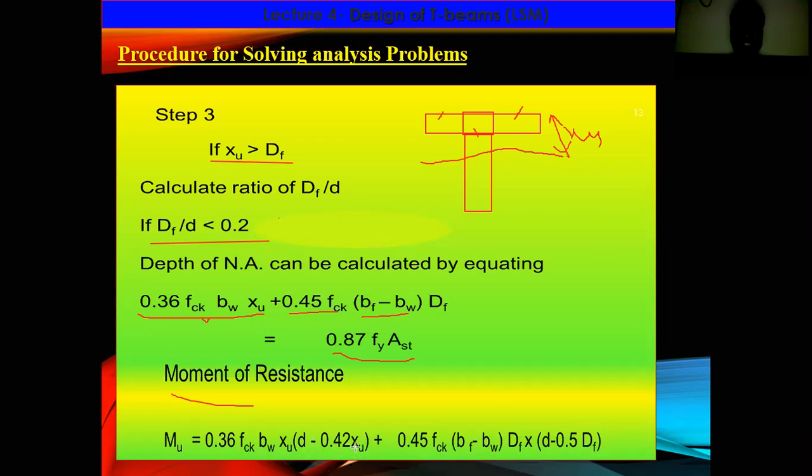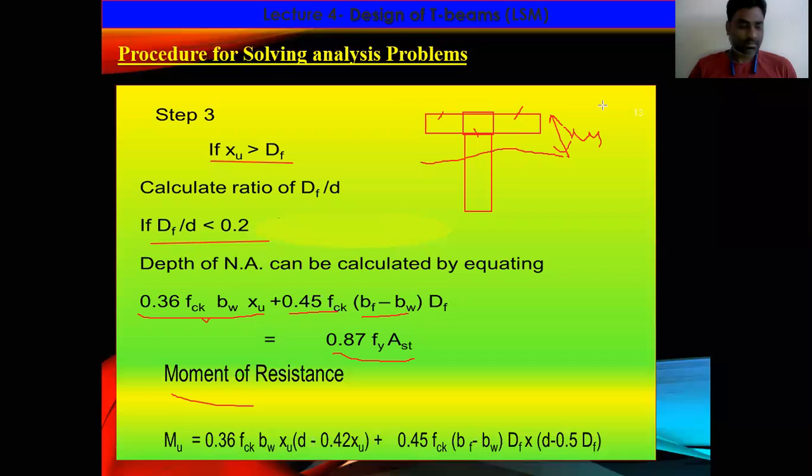So from this equation, you can determine the moment of resistance if the depth of neutral axis is within the web and DF by D is less than or equal to 0.2, right? This is the calculation of moment of resistance for the depth of neutral axis within the web and DF by D less than or equal to 0.2.